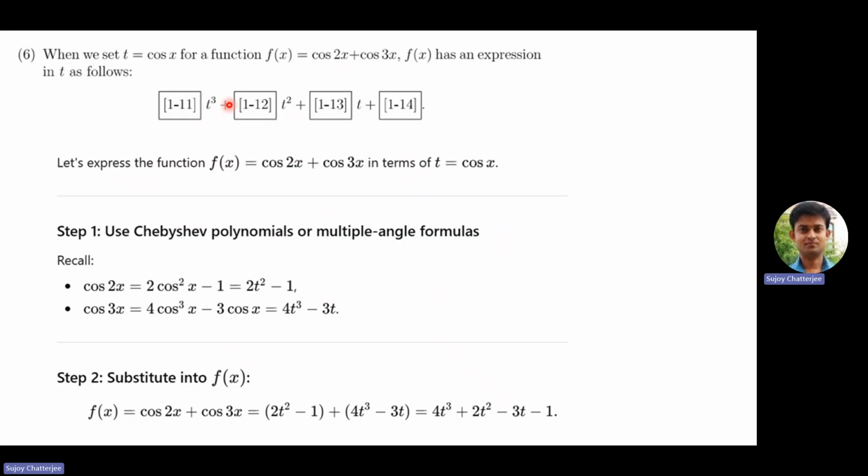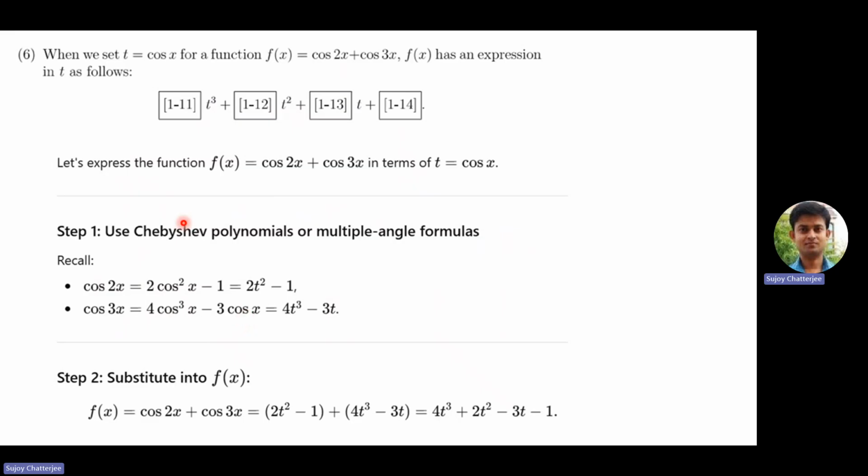So using Chebyshev polynomials or multi-angle formulas, you can recall these formulas. Cos 2x is equal to 2 cos square x minus 1, and cos 3x is equal to 4 cos cube x minus 3 cos x. So these are very standard formulas which you should memorize.